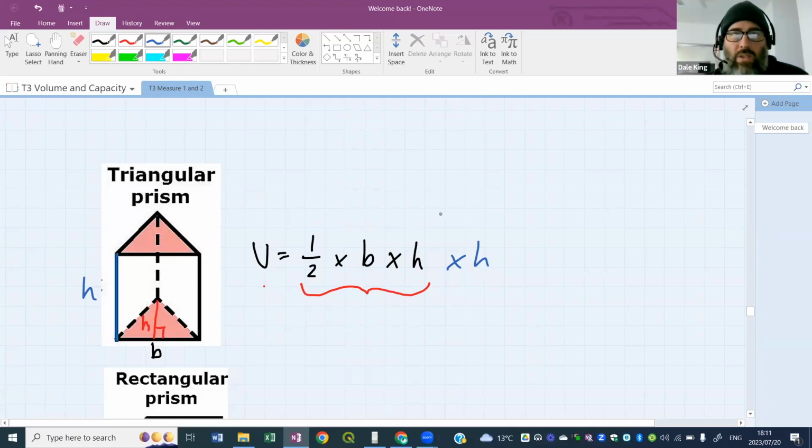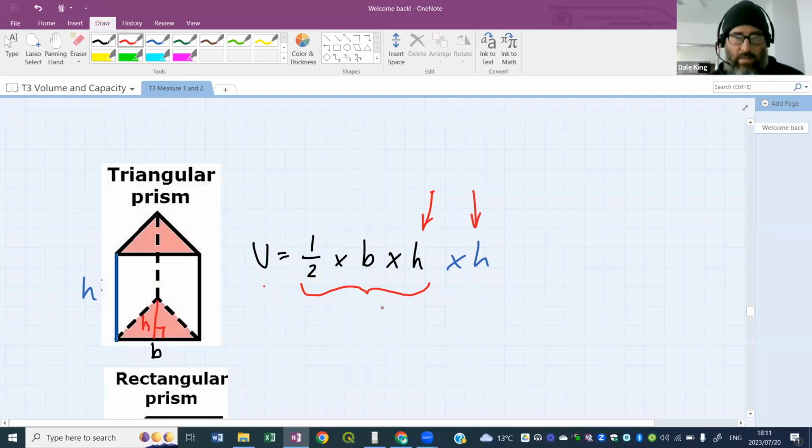Now, Kagiso, can you tell me, don't you think it'll be confusing if they gave you a formula like this, that there'll be two H's in the formula? No, it's not really usual because I've never seen one like this. Usually, when we calculate the volume using this, it's 1/2 times base times height.